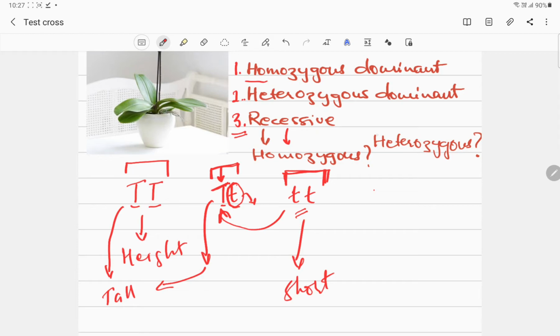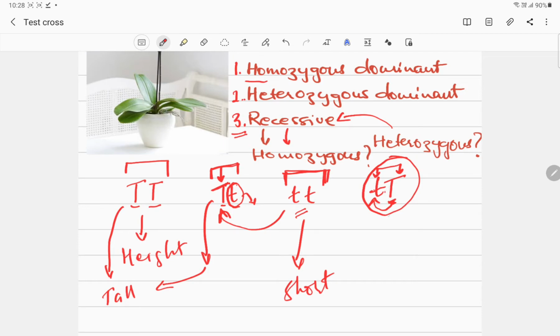But is there something such as a heterozygous recessive condition? Well, let us see. If I write it like small t and capital T, you see this is a heterozygous condition, but there is a dominating allele, and the dominating allele will not allow the recessive allele to exhibit its properties. So there is nothing such as a heterozygous recessive.